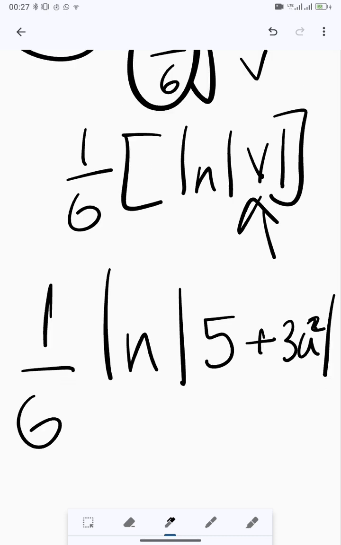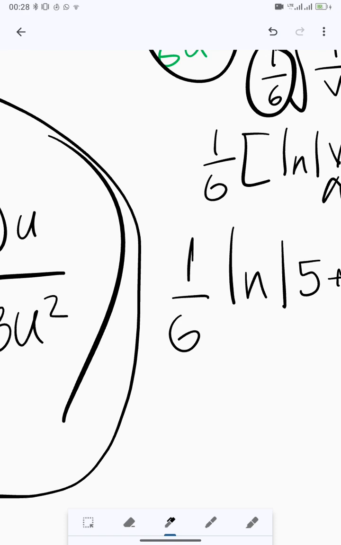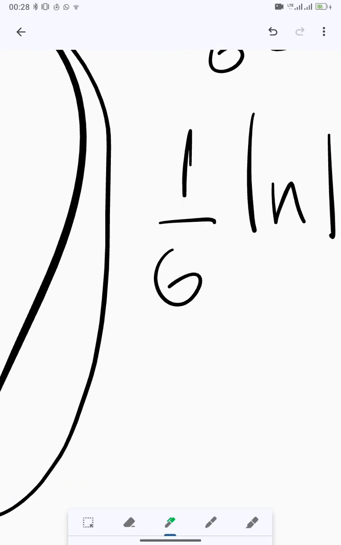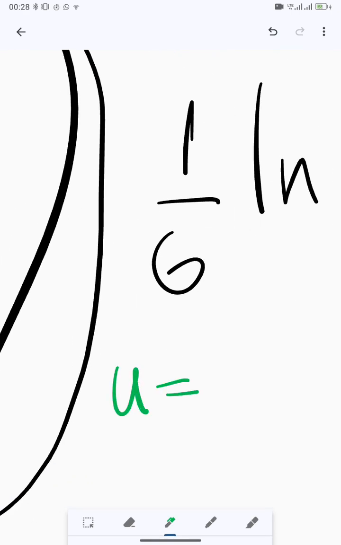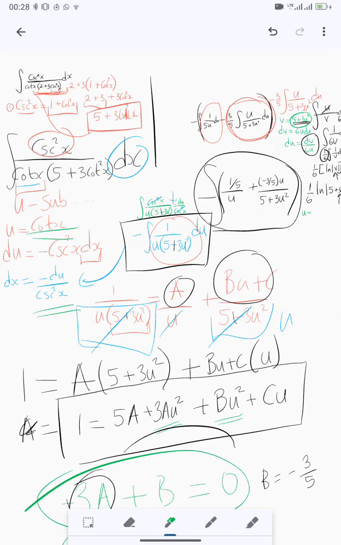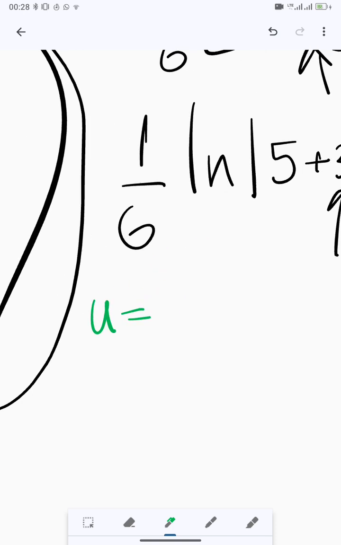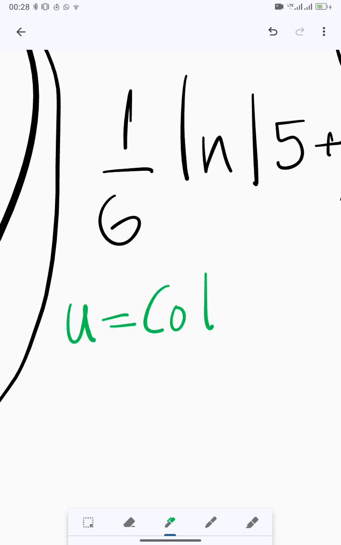Also remember that you cannot leave this in terms of u. When we started, our u was what? Our u was cotangent x. So if u is cotangent x, you have to replace u with cotangent x.